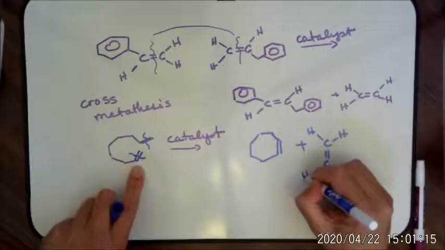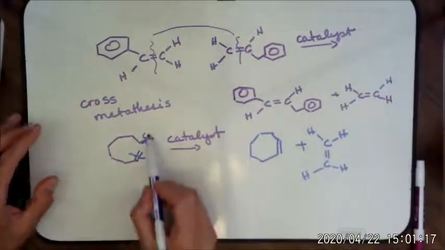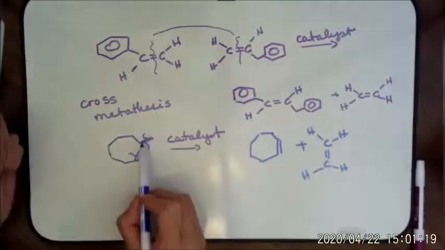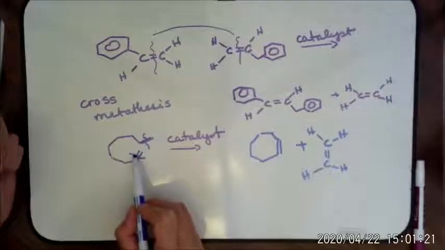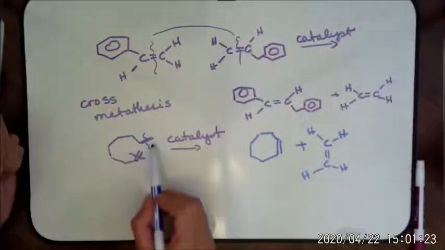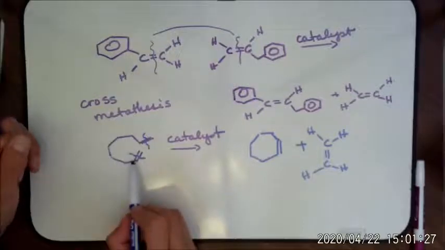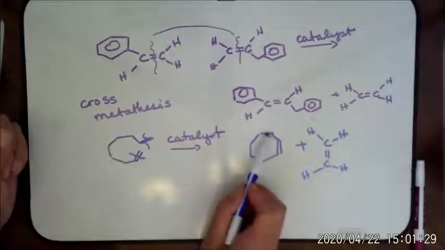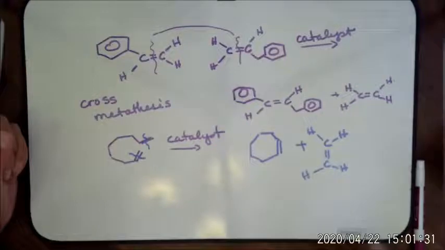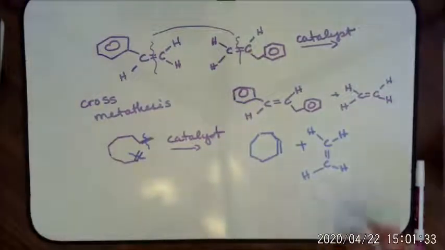Okay, so you can do a cross metathesis where now you've exchanged this half and that goes together and this goes with that. So 1, 2, 3, 4, 5, 6, 7, 8, 9 minus 2. 1, 2, 3, 4, 5, 6, 7. And my ethylene. That's ring closing.